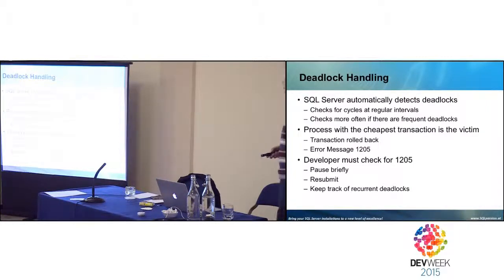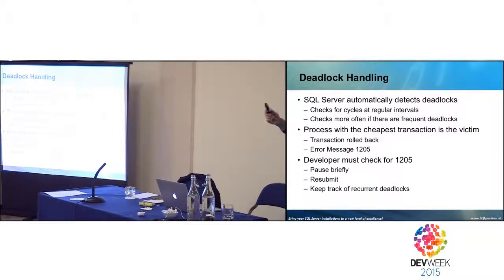When a deadlock has occurred, the transaction which was rolled back gives us the error message 1205. This means we as developers should always check if we got that specific error number from SQL Server, because a deadlock is a situation from which we can fully recover without informing our end users about that specific problem.